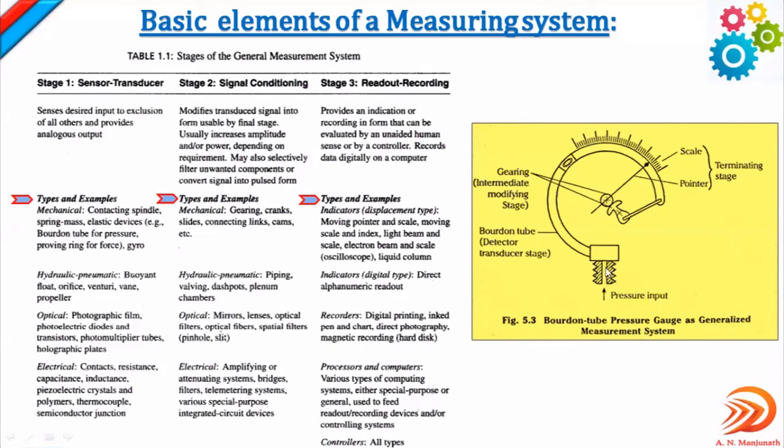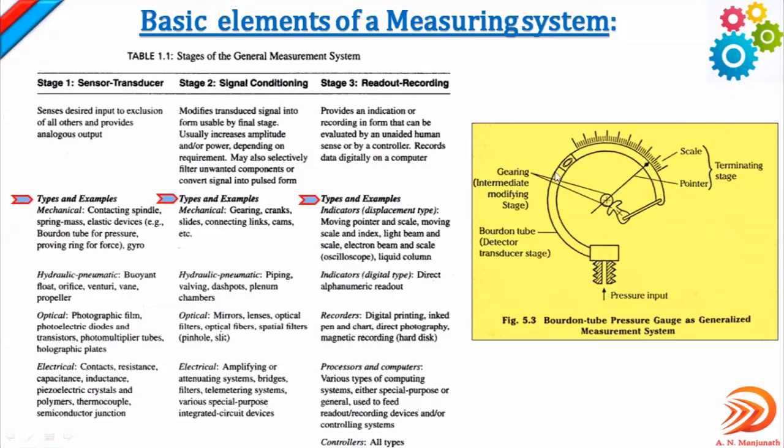How is this Bourdon tube pressure gauge considered a generalized measurement system? See here, the pressure input. At this point, it acts as the detector stage. Pressure is the signal, right? Once it is supplied, this tube will sense the input signal. This particular tube is a flexible tube.